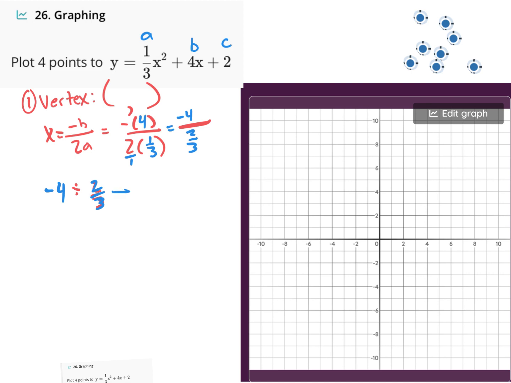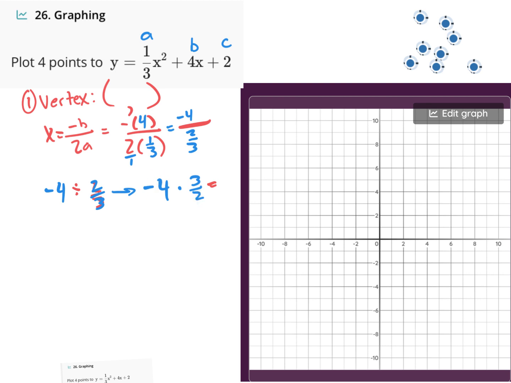So negative 4 divided by 2/3 really becomes negative 4 times the reciprocal of 2/3, which is 3/2. Or once again, you could simply type it into your calculator, and it'll give you negative 6.